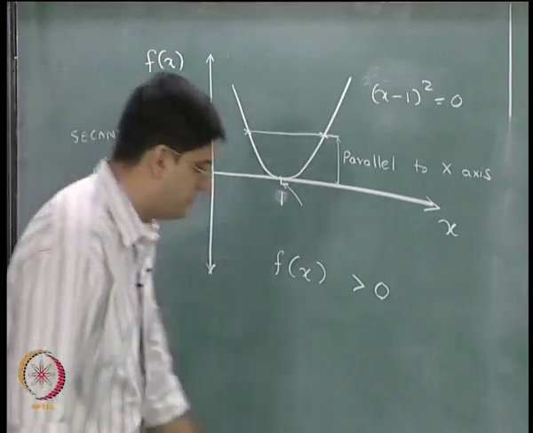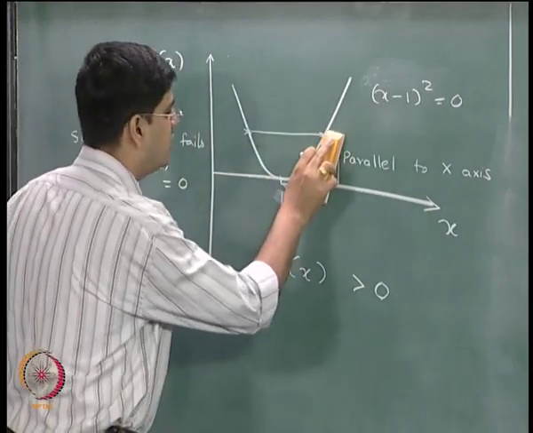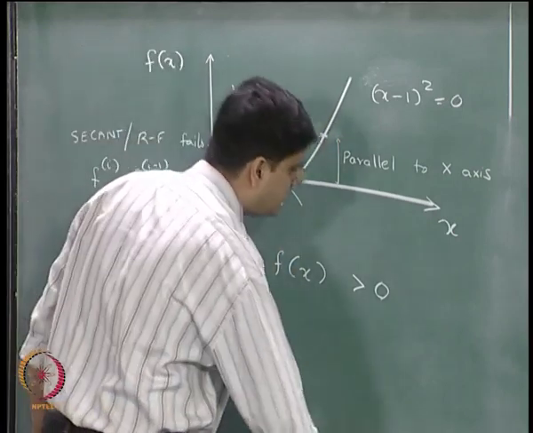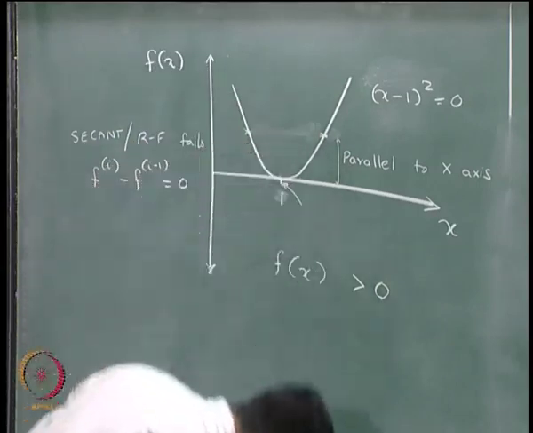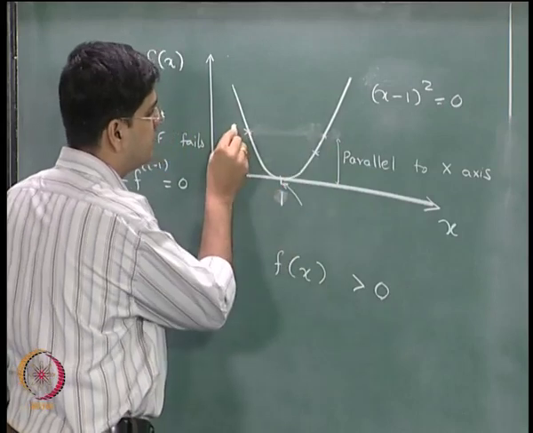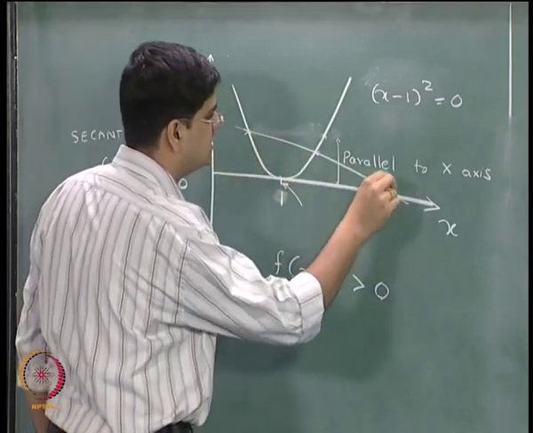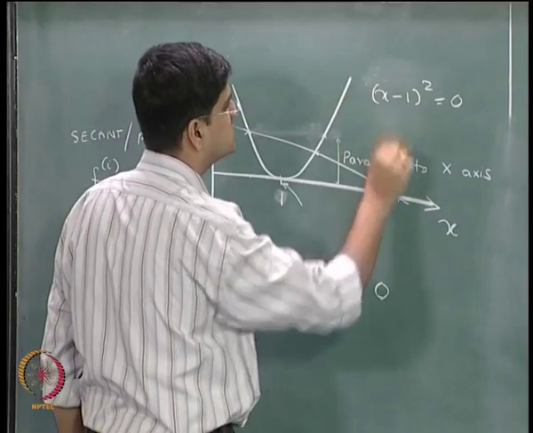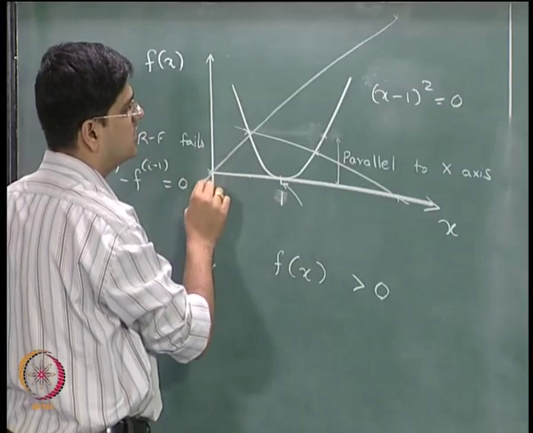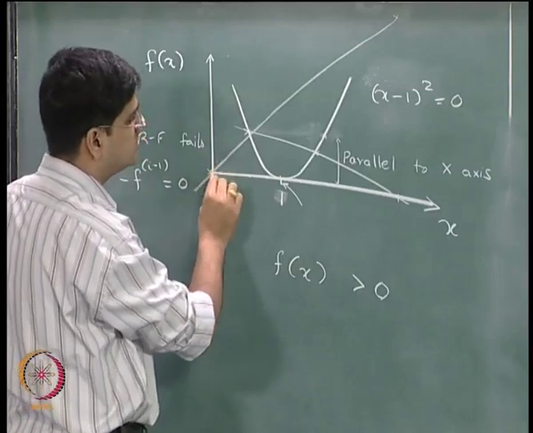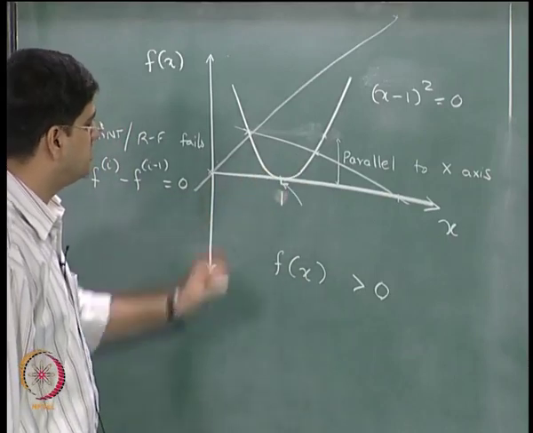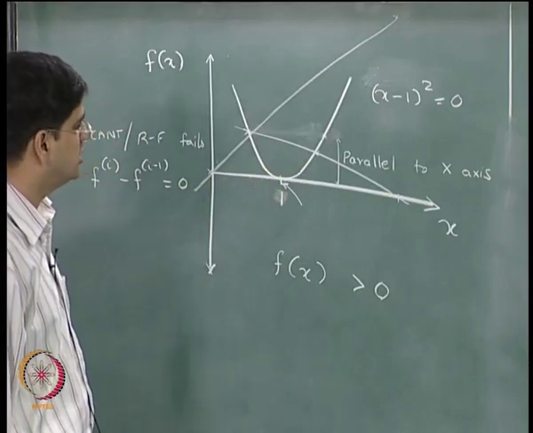However, the secant method will not fail if we have even a slight difference between xi and xi plus 1. So if we have a situation of this type, we can always connect this point. We will essentially get this particular point as the next point, and then we will be able to connect this, we will get this as the next point, and so on and so forth, and we will end up reaching the solution eventually.